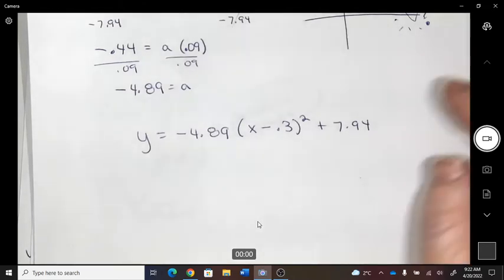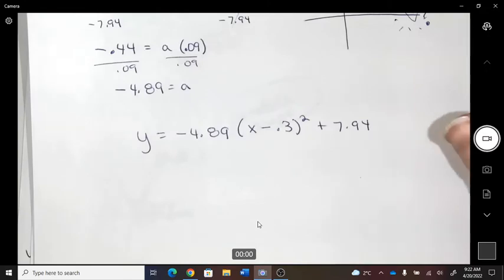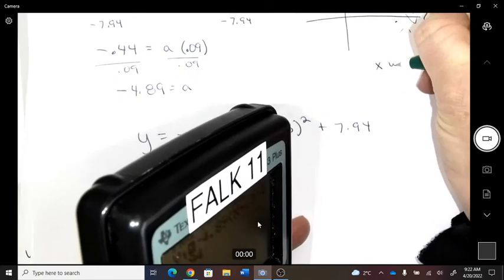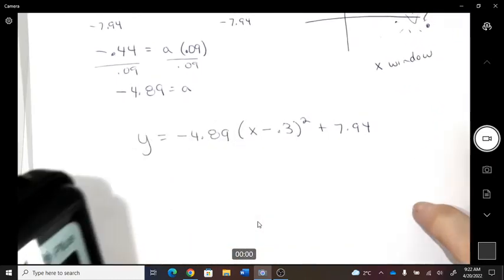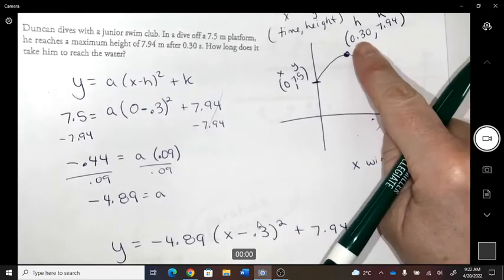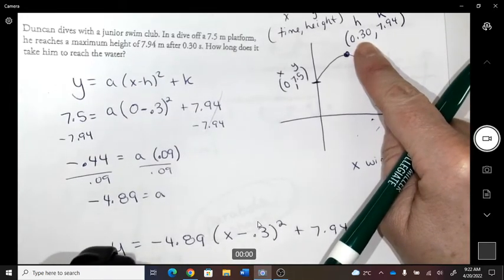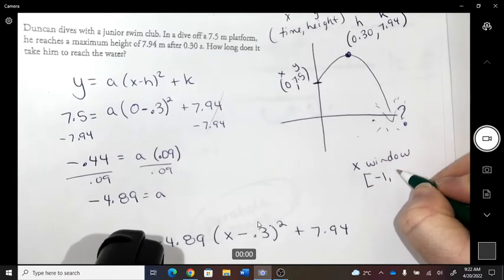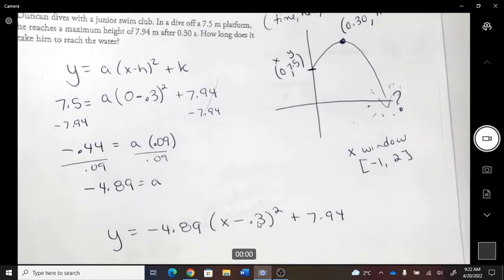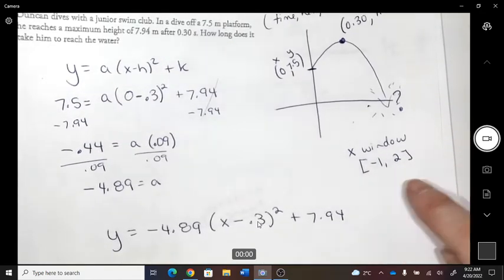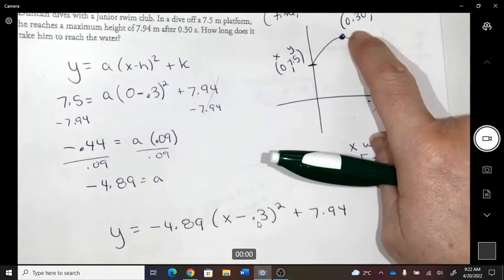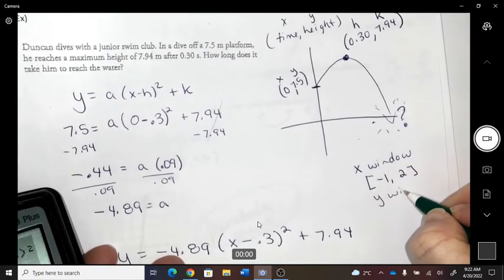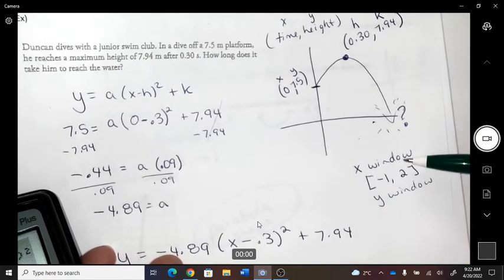Okay, we'll go to our window here. Now let's think about what do we want to do for our x window? Because this time is only a 0.3. So time is really small. So do you want to go from like -1 to 2 or something like that, really small? I don't need much time because it's 0.3 seconds here, so that's not much. So we'll try something like that. What do you think we should go with our y window?